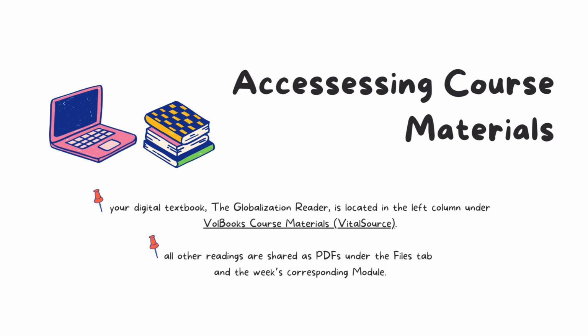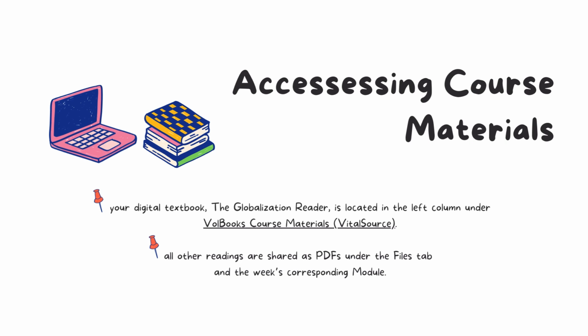So your textbook. I briefly mentioned this in the previous presentation, but your textbook is located on the left column where it says Vol Books Course Material, parenthetical Vital Source. So definitely click on that. Even though we don't have a reading this week from it, click on it now and make sure you have access to it.